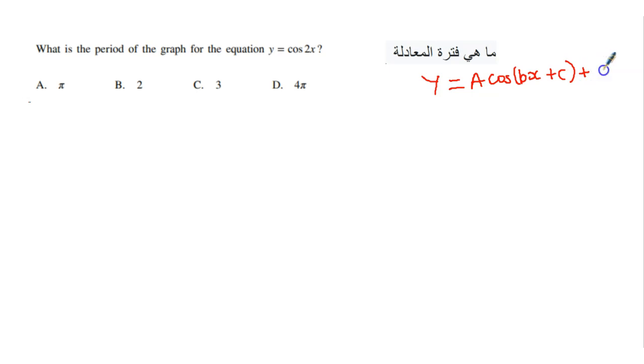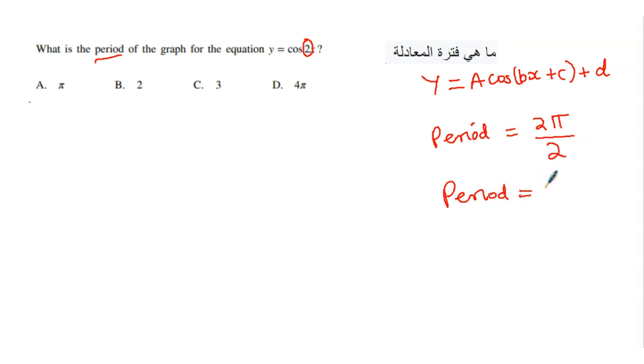So you find your period as 2 pi, the full cycle, divided by the coefficient of the x, which here is 2. 2 divided by 2 is 1, so you just get 1 pi, which is the same as just pi. So here you get A as an option.